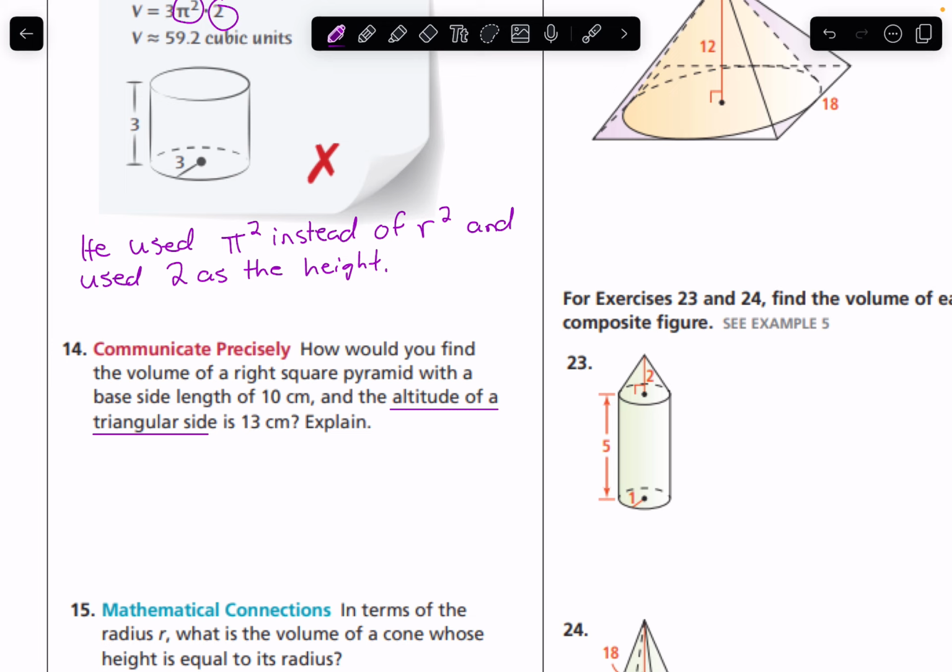So we would first use the Pythagorean theorem with that slant height of 13 and half of that base side of 10.